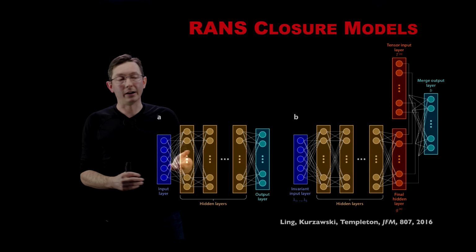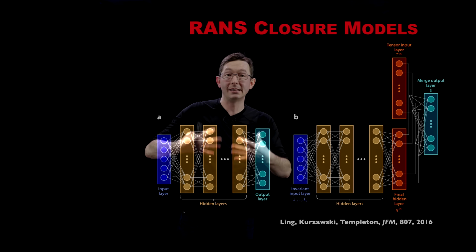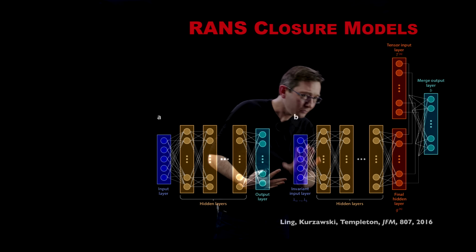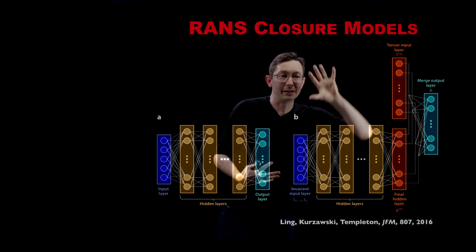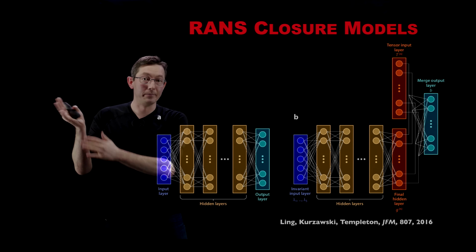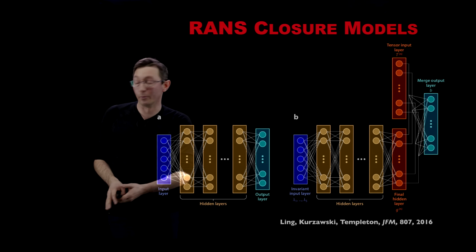It's Galilean invariant. It satisfies the basic physics that has to be satisfied for a valid RANS model. And so I love it because they have actually built in the physics by looking back 40 years to a really seminal paper by Pope.